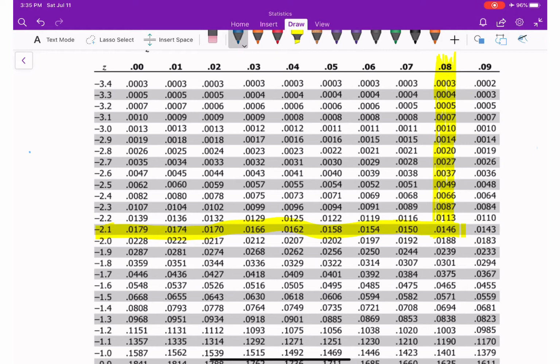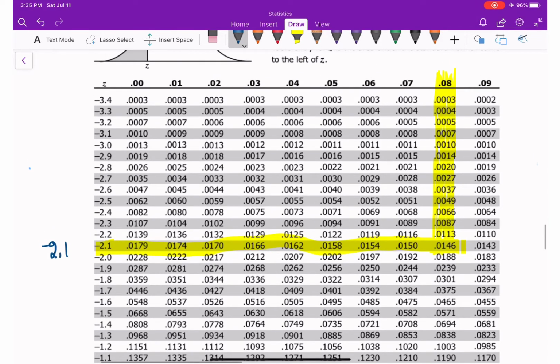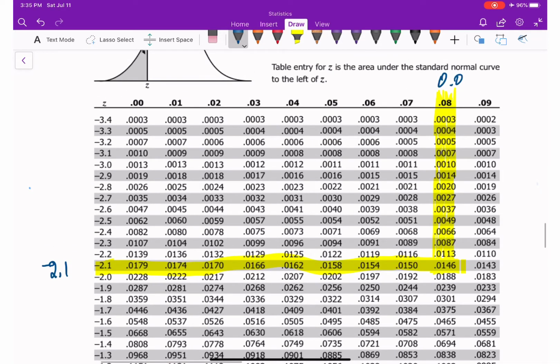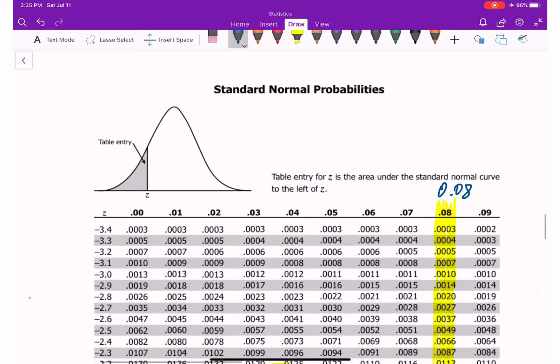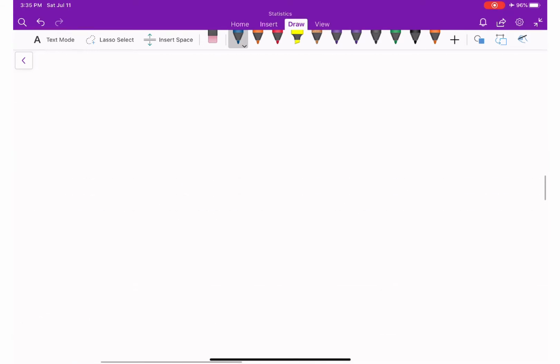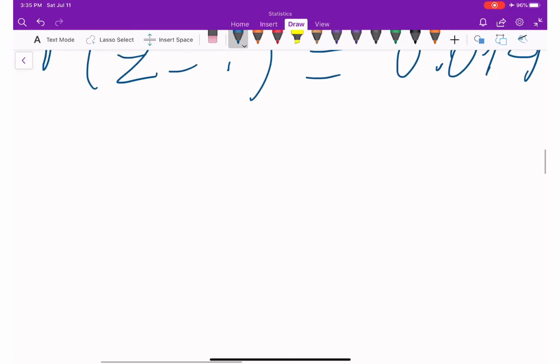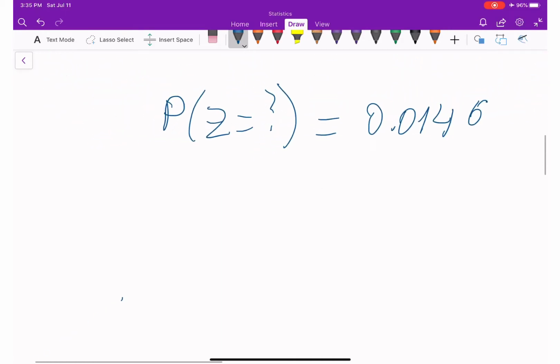So negative 2.1 is here, 0.08 is here. Together it will be negative 2.18. And here I will write down negative 2.18.